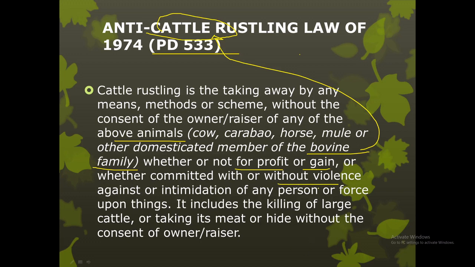With or without violence. And it includes killing of a large cattle. Pwedeng pinatay mo yung dahil galit ka dun sa kapitbahay mo, pinatay mo yung kalabaw niya, or gutom na gutom yung pamilya mo. Siguro, may nakita kang baka, pinatay mo, kinuha mo yung karne. That is a violation of this law, Anti-Cattle Rustling Law of 1974.